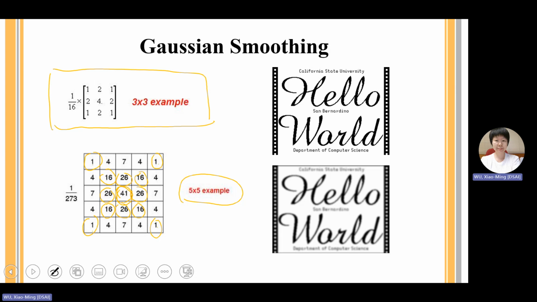And the normalizing factor 273 is computed by adding up all the numbers.